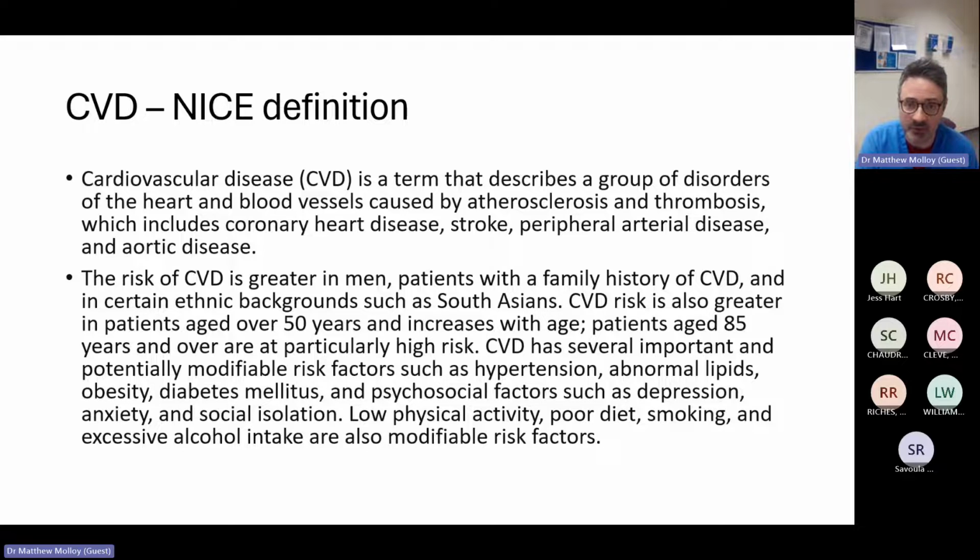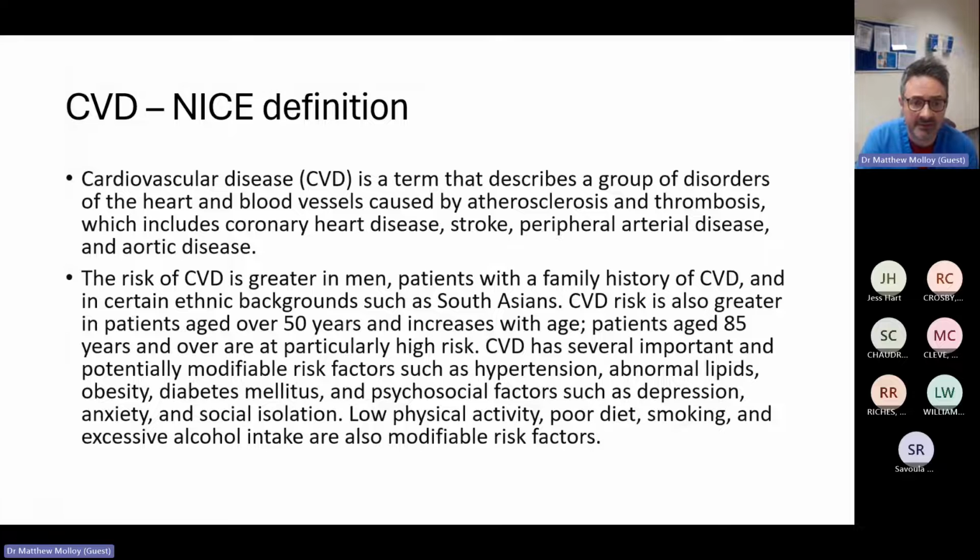And if one of those ruptures, the body goes into a protective mechanism to form a clot around that ruptured plaque, and that causes a thrombosis, which blocks off the vessels providing blood and oxygen to the heart muscle and to the brain, and that leads to heart attacks and strokes. And obviously, it's a similar process that leads to peripheral arterial disease and aortic disease.